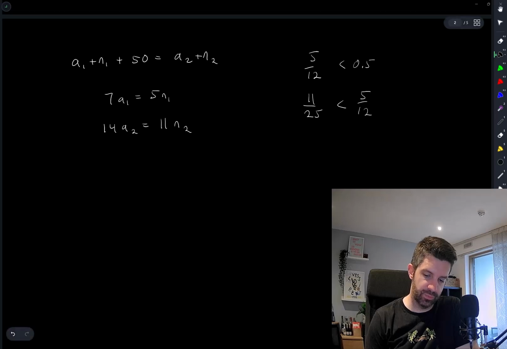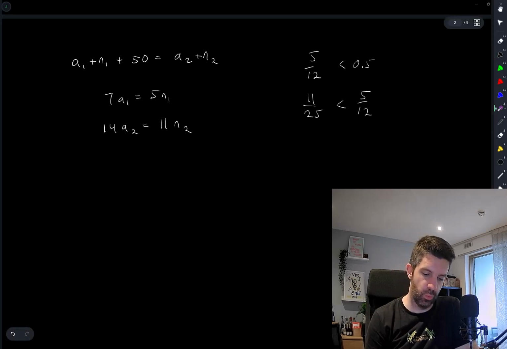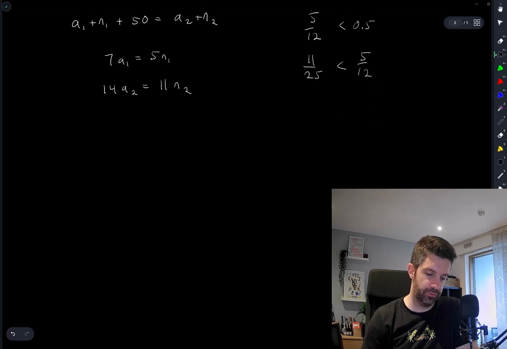And the weight that I put on these two proportions is going to be, well, I'll put a weight of 50 on that one and a weight of the total number of people here on that one.